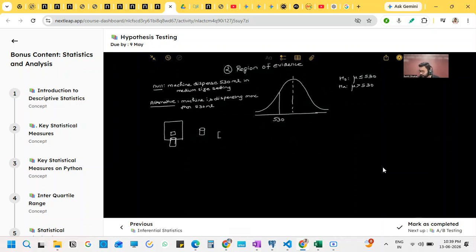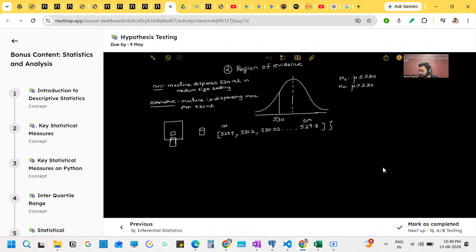Let's say the first time it dispensed 529.9. The second time it dispensed 531.2. The third time it dispensed 530.02, and so on. Let's say the last time it dispensed 529.8. And I have done this task, let's say, 50 times.